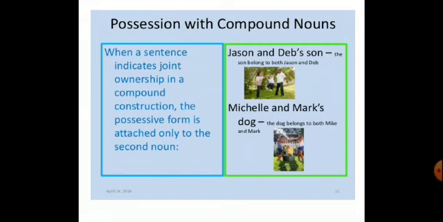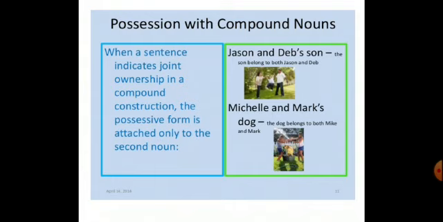Like for example, Jason and Deb's son. This son belongs to both Jason and Deb. That's why I put the apostrophe S only on the second noun, Deb, because the son is common for both of them.